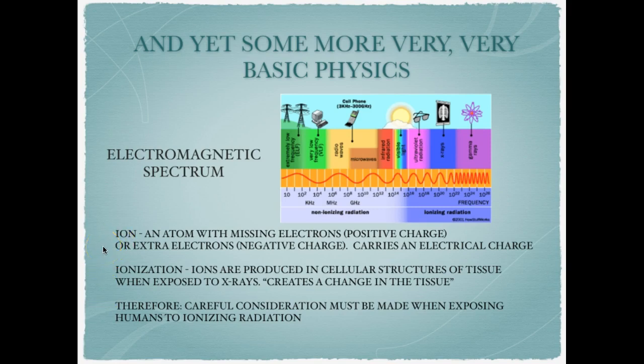So an ion is an atom that's missing an electron with a positive charge or has extra electrons, and that carries an electrical charge. So if we look at electrical towers, computers, cell phones, microwaves, and also infrared, we see that it is non-ionizing radiation, which means that in most scientific study, it does not create tissue change.